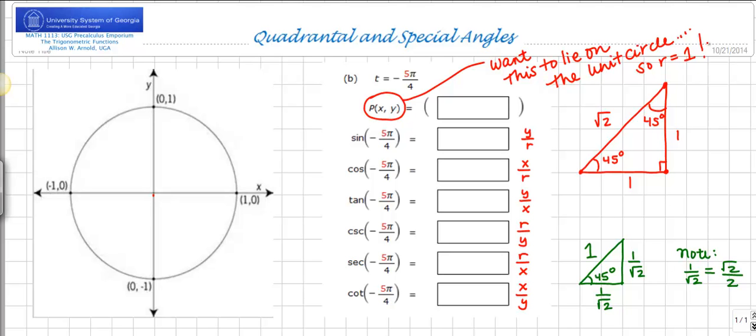Now let's look at the angle negative 5 pi over 4 radians. I would like for you to notice, I asked you guys to certainly memorize some special angle values, and pi over 4 is actually 45 degrees. So this angle is actually literally negative 225 degrees.